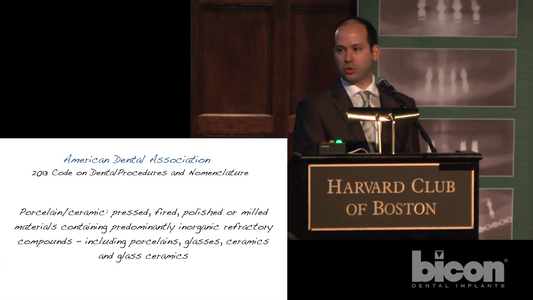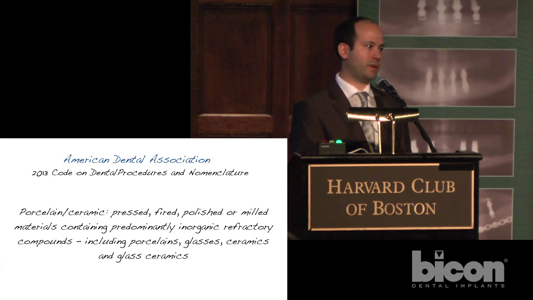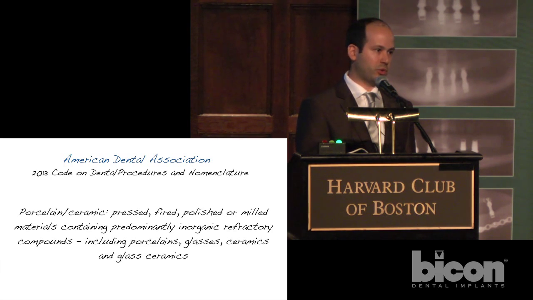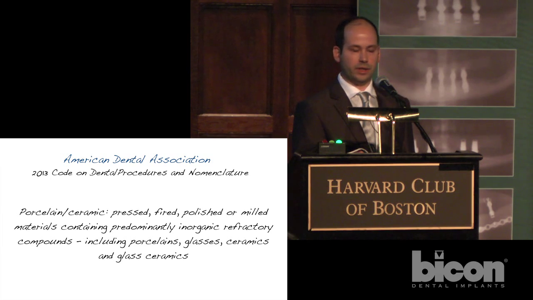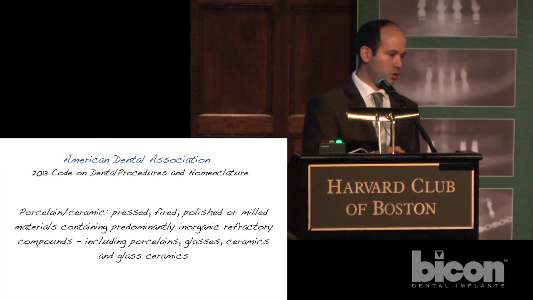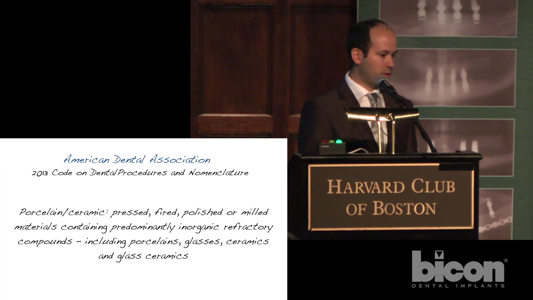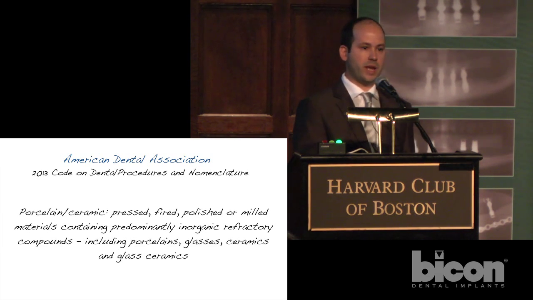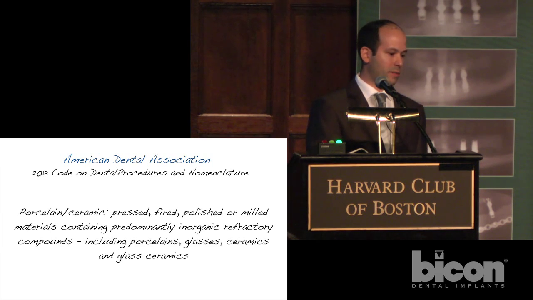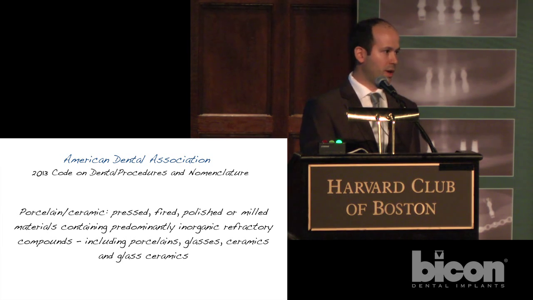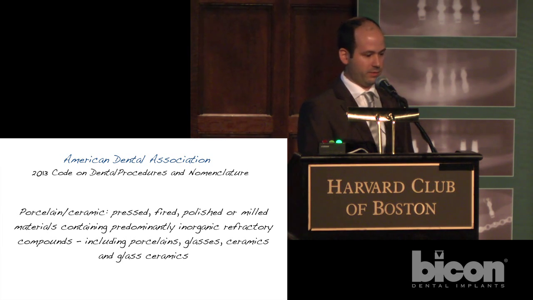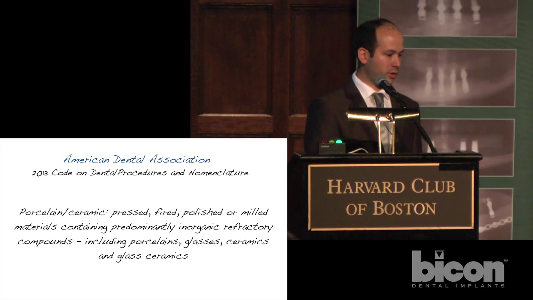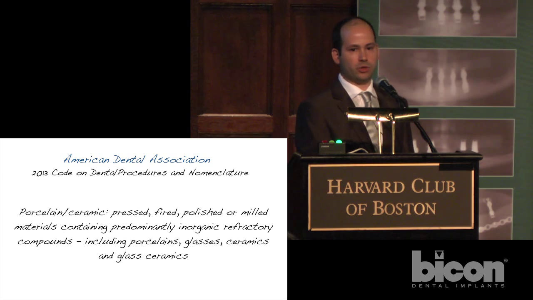And for those of you who hate the word composite and cannot even think of it for any type of final or definitive restoration, you'll be happy with this slide that Dr. Morgan just showed you. According to the latest Code on Dental Procedures and Nomenclature from the ADA, porcelain ceramic is defined as pressed, fired, polished, or milled materials containing predominantly, okay, inorganic refractory compounds, including porcelains, glasses, ceramics, and glass ceramics.